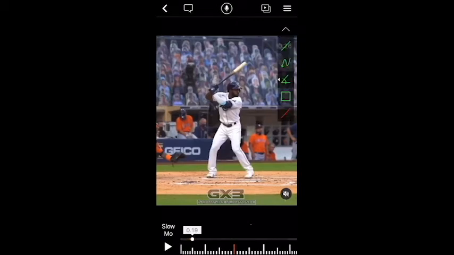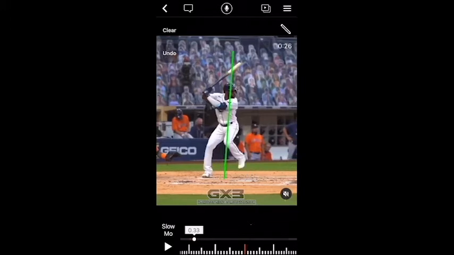Starting from the stance, we're going to put the center line through his body, and then we're going to go into the furthest point back in the swing. And you often hear it called the load or the gather or getting into the back hip.